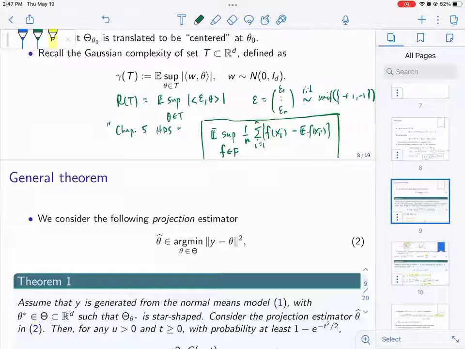But if you want to control things like this, this is some sort of a uniform law of large numbers. This is saying the empirical average is close to the population average. And if you want to control this, you'd introduce these independent variables; it is controlled by twice, something like 2 over n, the summation of epsilon_i f(X_i), where the epsilon_i's are independent.